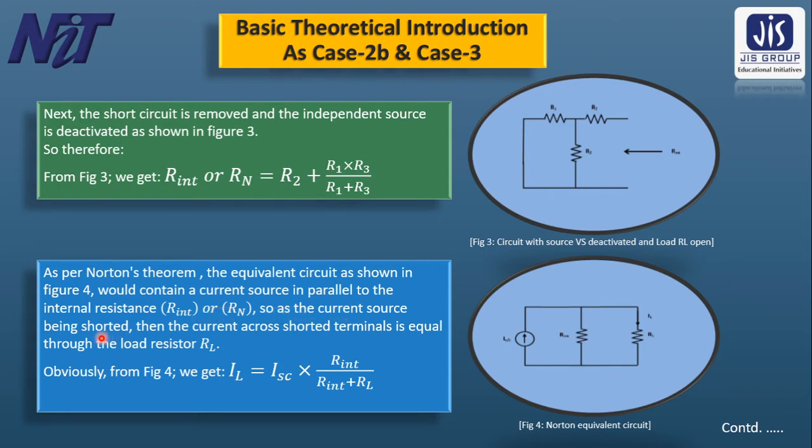The current across the shorted terminals is equal to the current through the load resistor RL. Obviously, from figure 4 the current through RL equals ISC, which we get from the previous slide, times the internal resistance RINT divided by RINT plus RL.